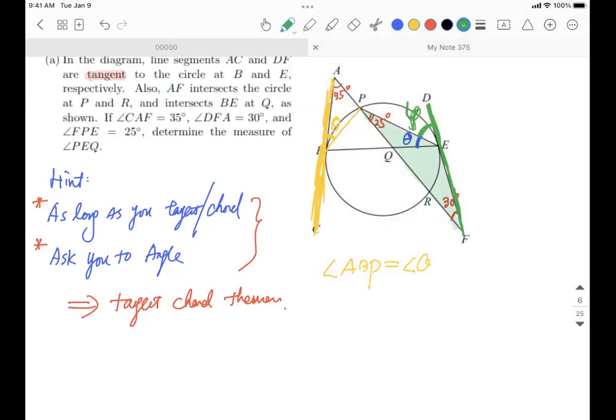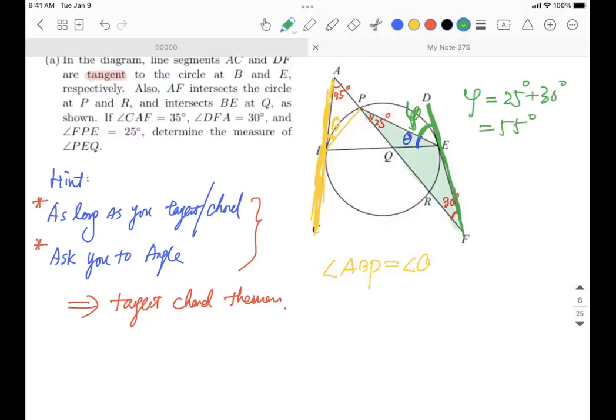Phi equals what? 25 plus 30, right? Because phi is an exterior angle. An exterior angle equals the sum of the two non-adjacent interior angles. That is going to be 55. That's brilliant.